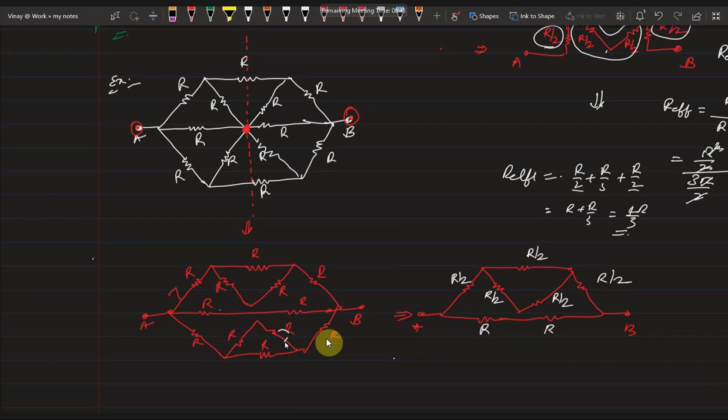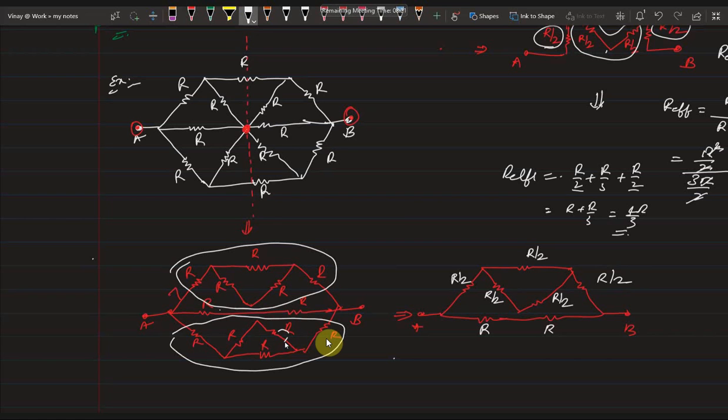You see, upper part and lower part are the same, right? Yes, sir. So if upper part and lower part are the same, if you calculate the upper part effective resistance and lower part effective resistance, both will give one value. Let us suppose we got this resistance as 4R by 3.